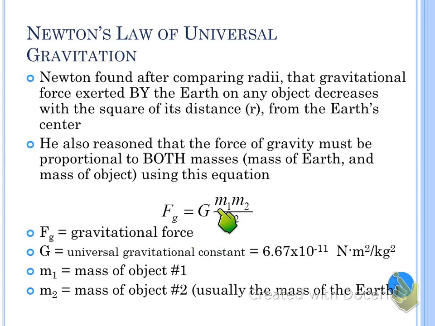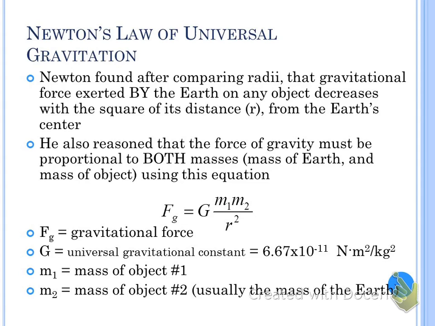Usually one of these masses, it does not matter which one, is the mass of the Earth. Okay, if we are comparing an object's force due to gravity on the Earth. If we're looking at two separate objects, if we're looking at two people, then we'd have mass 1 equal the mass of the first person, mass 2 equal the mass of the second person, right? If we're just looking at the gravitational force between those two objects, we'll look at the mass of those two individual objects. Okay.